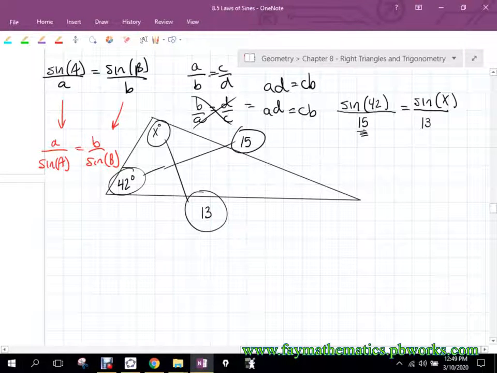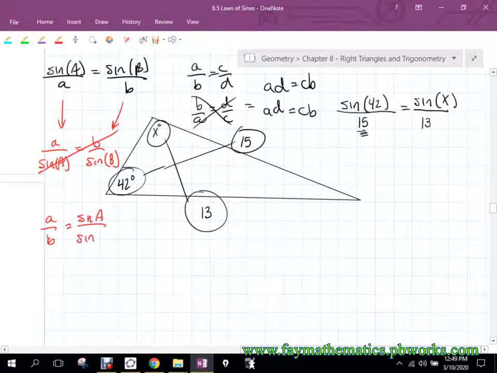Now, we can also do this. Have we talked about being able to exchange those two things? Can I flip the means? So we could have a over b equals sine of A over sine of B. And that's fine. That will still yield a result that is correct.